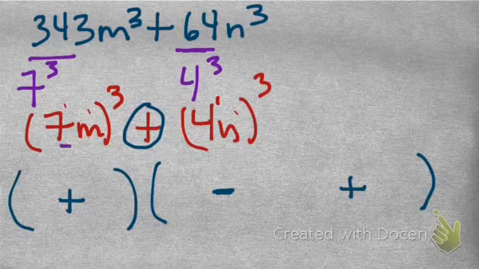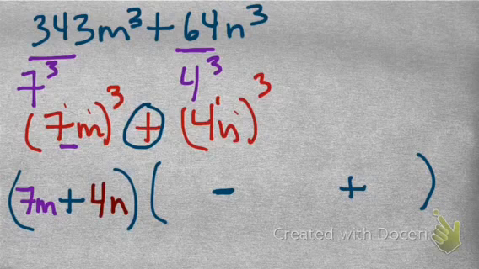But my 7m, my first term, becomes my first term in the binomial. So the inside stuff shows up there. And then the inside of my second term, which is the 4n, shows up as the second term in the binomial. And then I find the next term, the first one in my trinomial, by squaring whatever I put in the first spot.